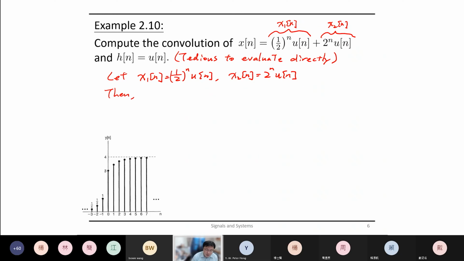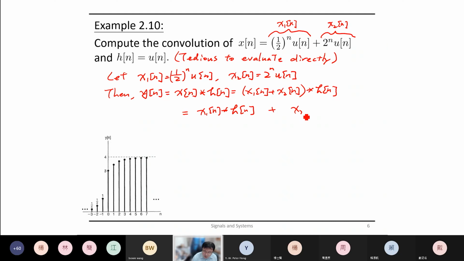Then by this distributive property, we know that y[n] is equal to x[n] convolved with this h[n], which is x1[n] plus x2[n] convolved with h[n], and this is equal to x1[n] convolved with h[n] plus x2[n] convolved with h[n].